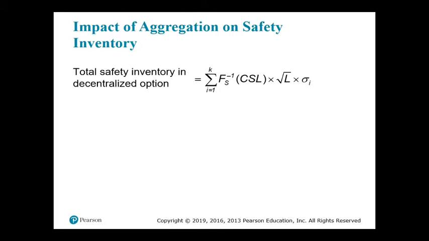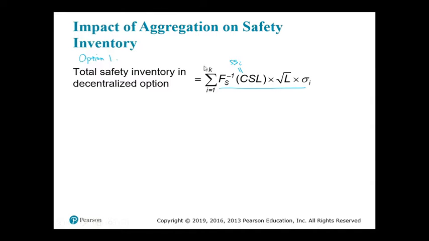Based on our previous calculation, if we did the decentralized option, option 1, then for each region, we can calculate the safety inventory level SSI following the formula that we just described.